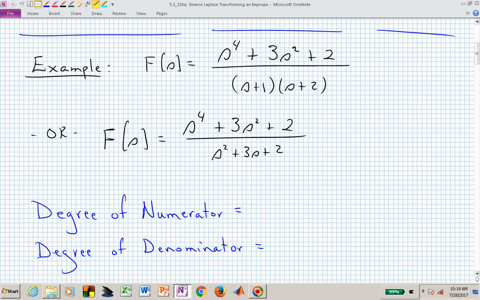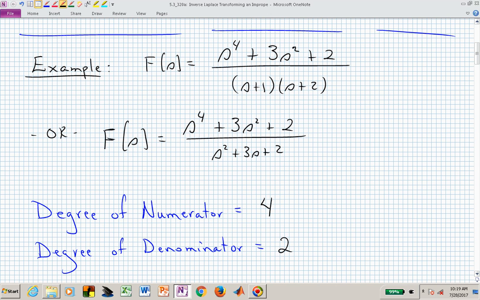The degree of the numerator, just to make sure we're all on the same page, I might also refer to as the order of the polynomial. It's the highest power of s in that polynomial. In this case, the numerator has degree, or order, 4. The denominator, if we multiply it out, has linear factors, so we have 2 of those, or an s squared in the denominator.